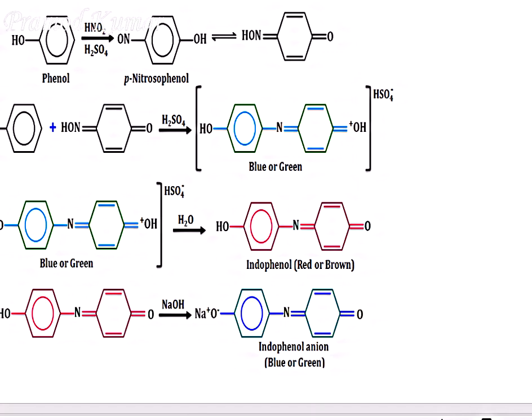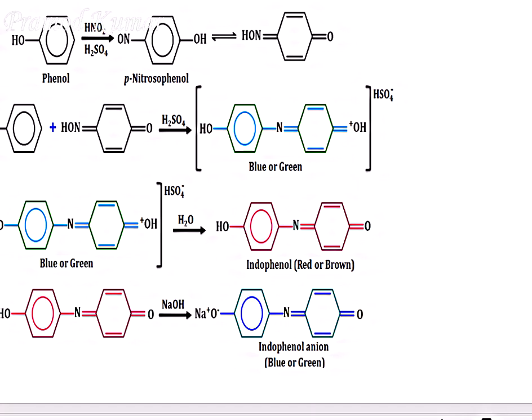When a phenol is treated with nitrous acid in presence of sulfuric acid, it forms para-nitrosophenol. It forms what? Para-nitrosophenol. You get an NO group at the para position.